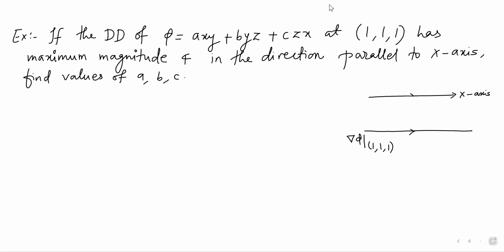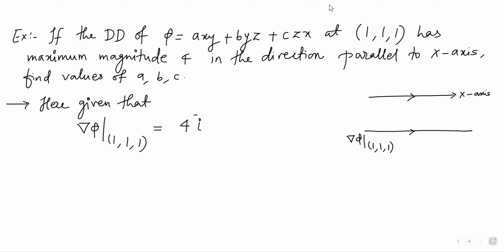So what is the unit vector along this x-axis? It is i bar. So here, given that del phi at 1 1 1 is equal to what? The magnitude is 4, but the unit vector along the x-axis is i bar. So this is given to you, correct? These two vectors are parallel, so we get this.